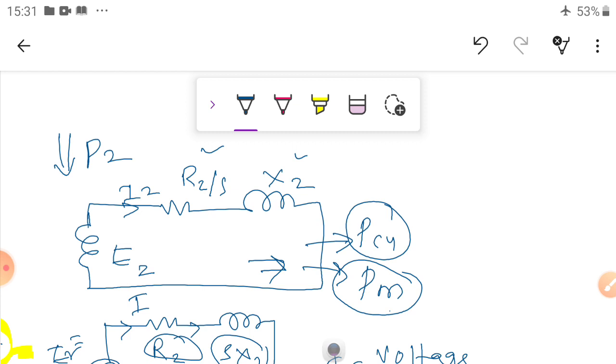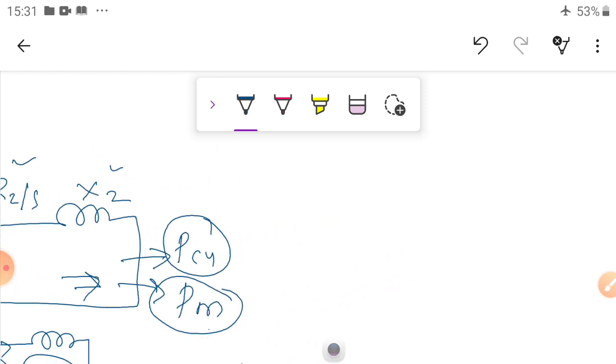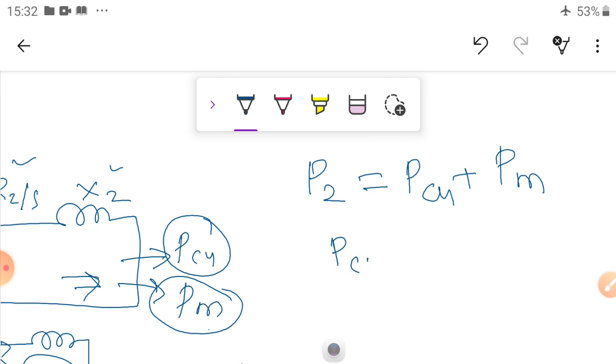So as you know, P2, the power input to the rotor, is equal to the sum of the copper losses and the total mechanical power developed in the rotor. We know that the copper losses, P copper, is equal to S times P2. So already we know these relations.